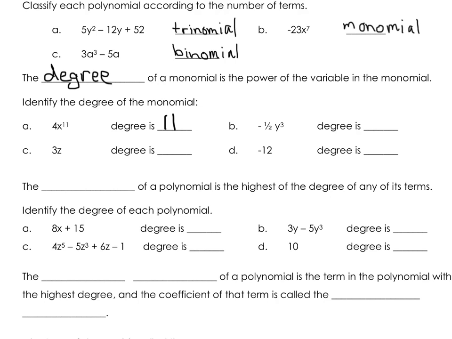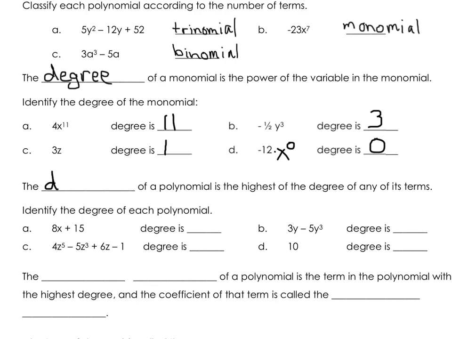What's the degree? 3. 3z doesn't have an exponent, so it's understood to be 1. Negative 12 doesn't even have a variable. You know what? Anything raised to the 0 power is 1. So we can pretend like there's an x to the 0 there, and we'll say the degree is 0.